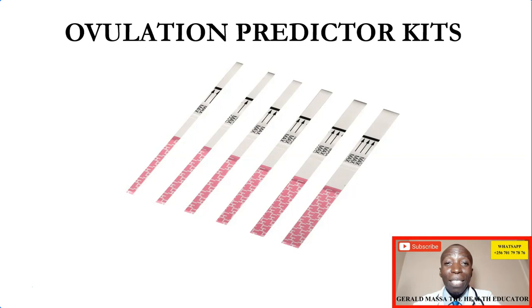So the ovulation predictor kits are our last method we've talked about on how to track your ovulation even if you have irregular periods. As a summary, we are going to go through again. We said that the first method of tracking your ovulation, even if your periods are irregular, is what we call charting.